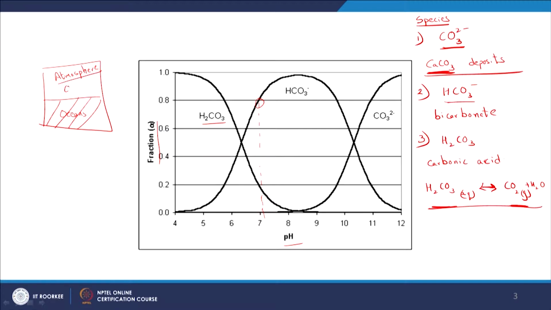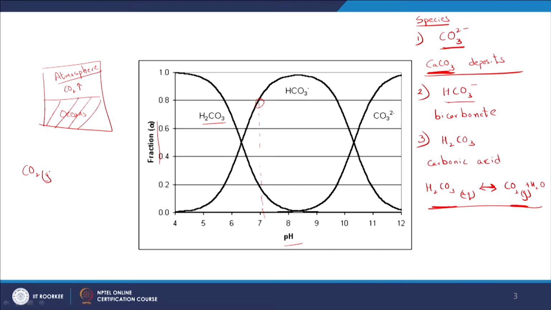So as the carbon dioxide concentration in your gaseous phase keeps increasing, obviously there is going to be an equilibrium with the carbon dioxide in the gaseous phase, with the carbon dioxide that is going to be dissolved in your aqueous phase. And obviously, as we just looked at, carbon dioxide in the aqueous phase is going to stay as H2CO3, or the carbonic acid.